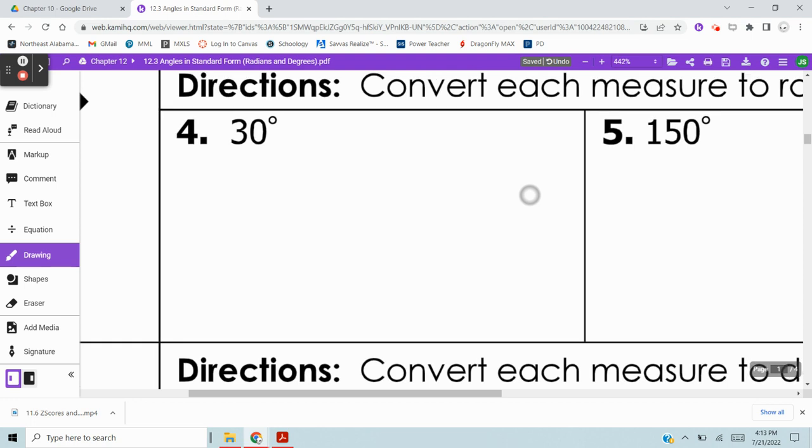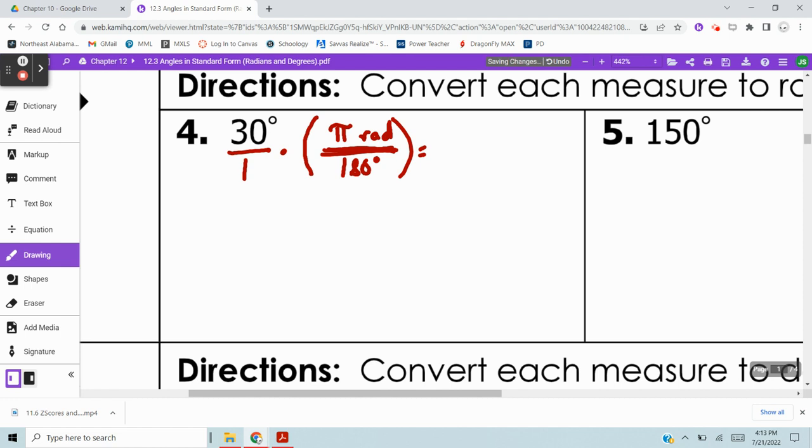So we were asked to convert 30 degrees into radians, and here's how we're going to do it. I'm going to multiply by what's called, again, a conversion factor. I know that pi radians, which I'm going to abbreviate with RAD, and 180 degrees is the exact same thing. So what am I actually multiplying by? Well, anything divided by itself is 1.